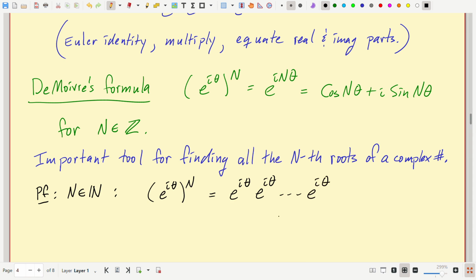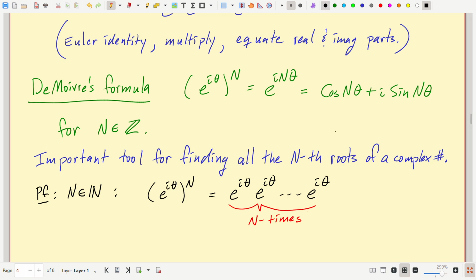That's what the nth power means. And then I would use property number 1 on the first slot and get an e to the i 2 theta. And then I would do it on the next slot, e to the i 2 theta times e to the i theta, and that would give me an e to the i 3 theta. And I do that again and again, and by induction, the last time, I'd get an e to the i n theta.